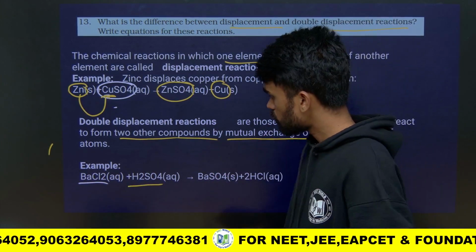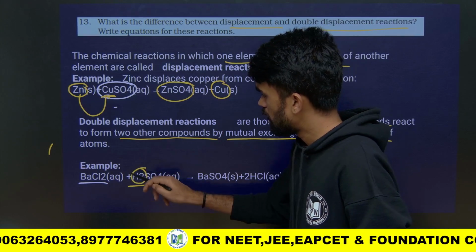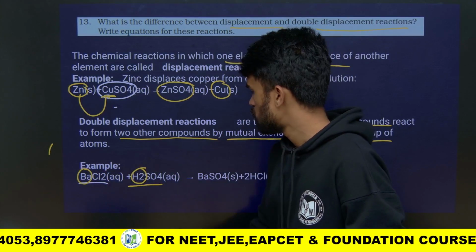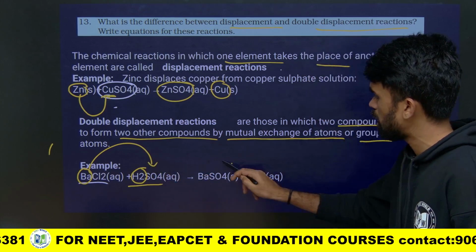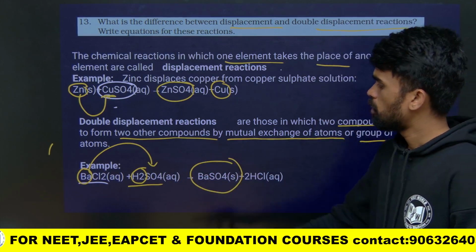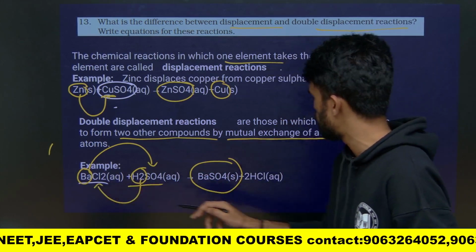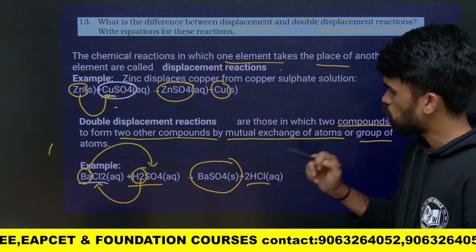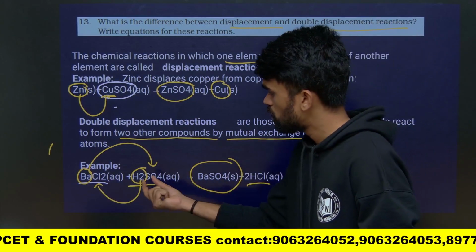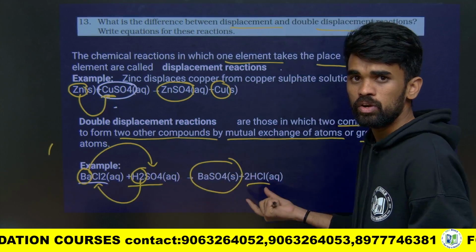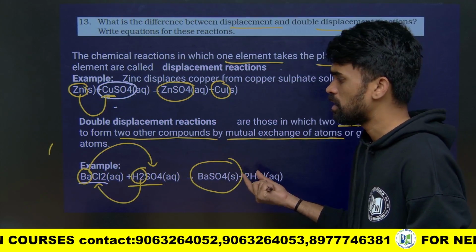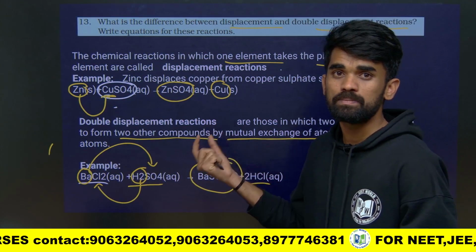By exchanging the hydrogens and the barium, what do we get now? By exchanging this barium we will get barium sulfate. By giving this hydrogen to the chloride we will get HCl. So mutual exchange of elements gives new products. This is what we observe in a double displacement reaction.